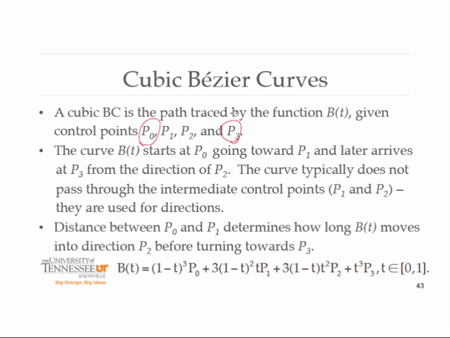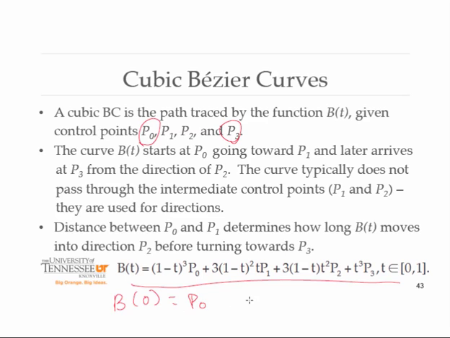This is mathematically what the cubic looks like. And again, if you were to plug in 0 into this cubic Bezier curve, out would come P0.